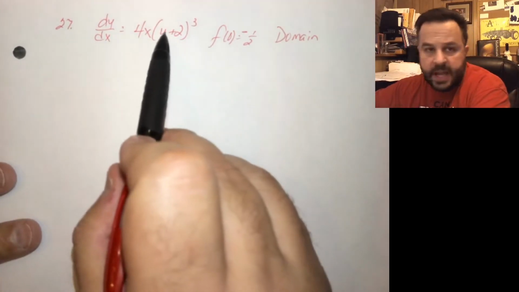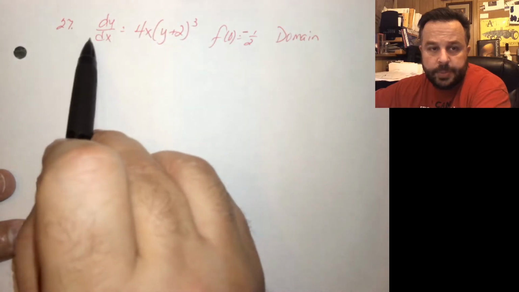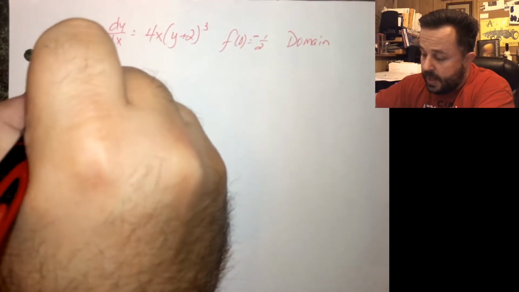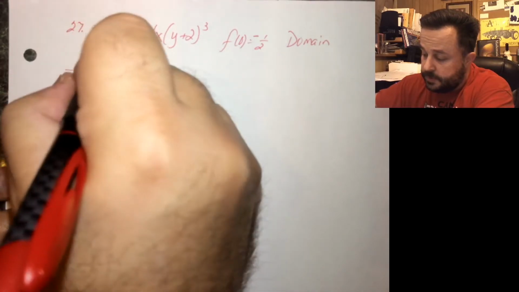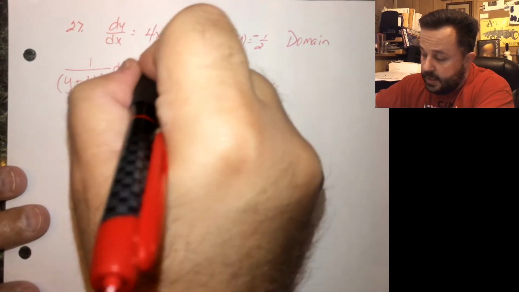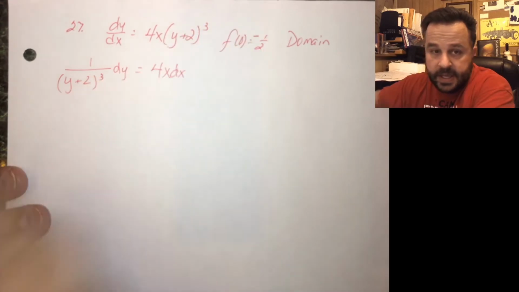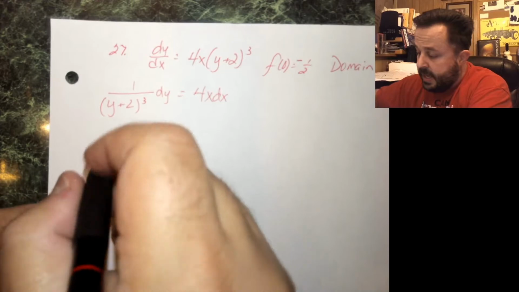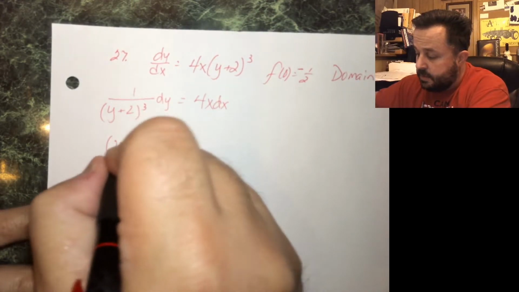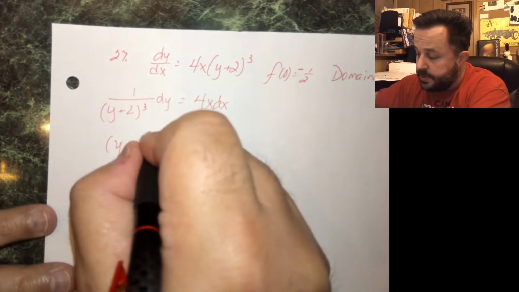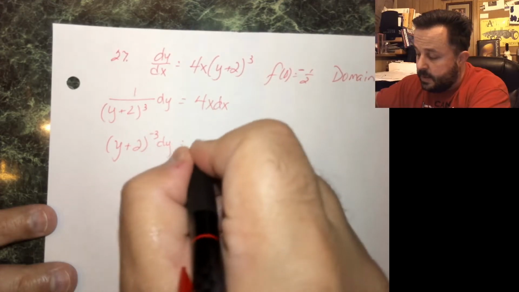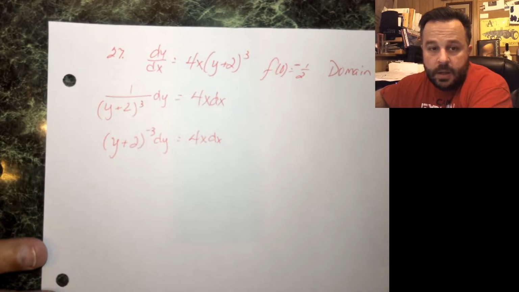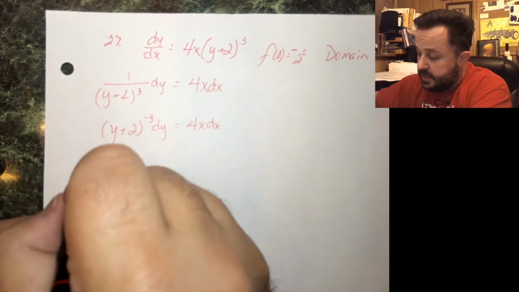We're going to divide both sides by (y + 2) cubed, multiply both sides by dx. So I get 1 over (y + 2) cubed dy equals 4x dx. Let's bring that up and write that as (y + 2) to the negative 3 dy. And let's antiderive both sides.